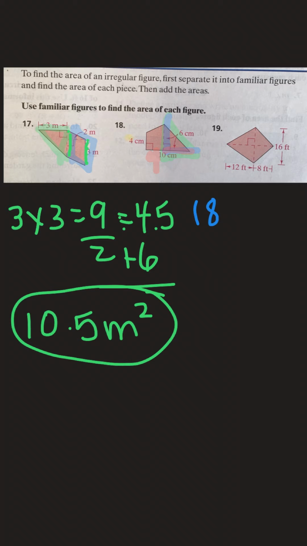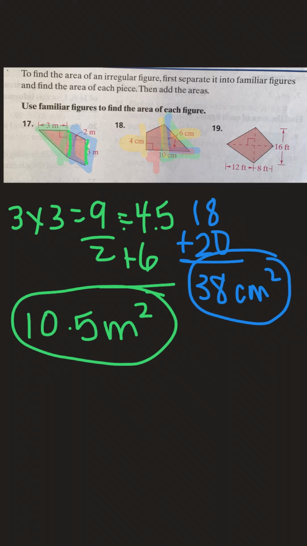So we are going to add 4 centimeters plus 6 centimeters, because those are the two sides. And then we're going to multiply that times 4. So 4 plus 6 equals 10. Times 4 is 40, divided by 2 is 20. So we are going to take 20, add it to 18, gives us 38 centimeters squared.